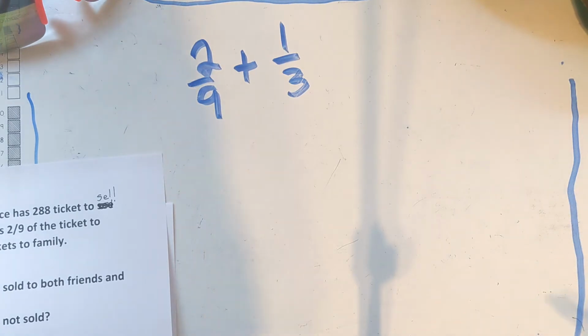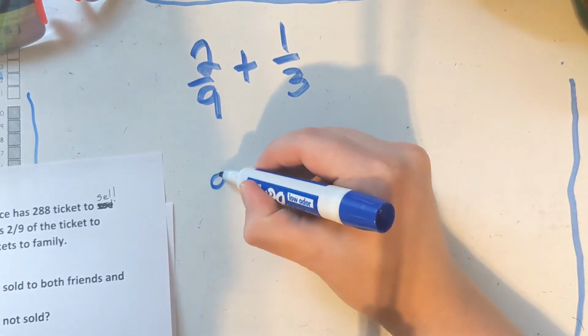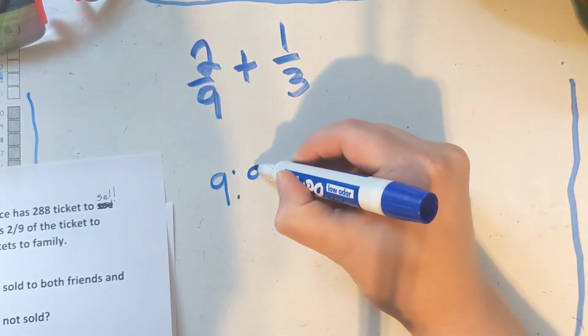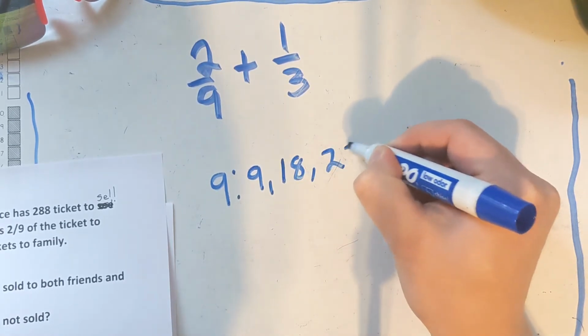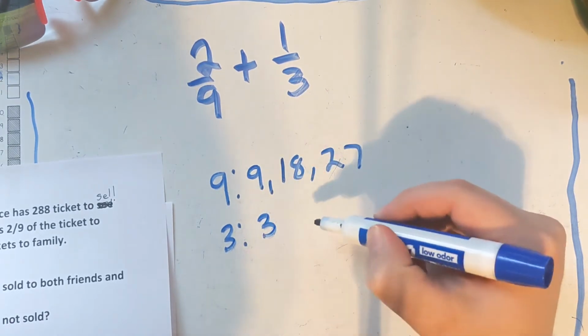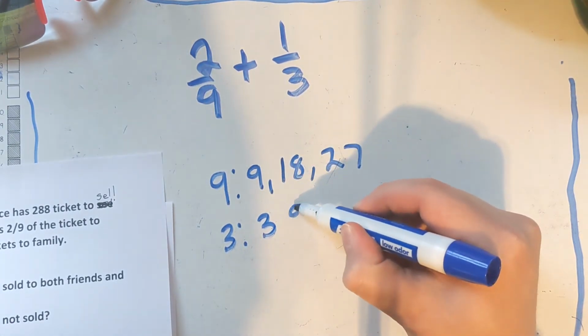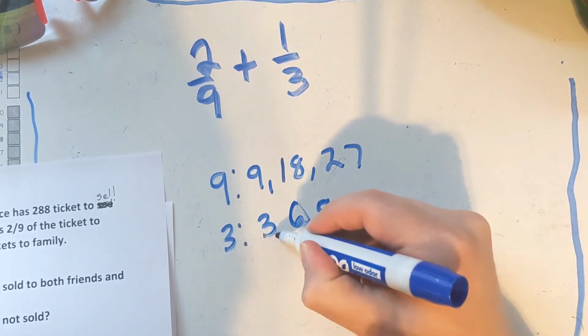I can do this by finding the least common multiple between these. If I think of multiples of 9, I've got 9, 18, 27. Think of multiples of 3. I've got 3, I'm sorry, 6, 9.